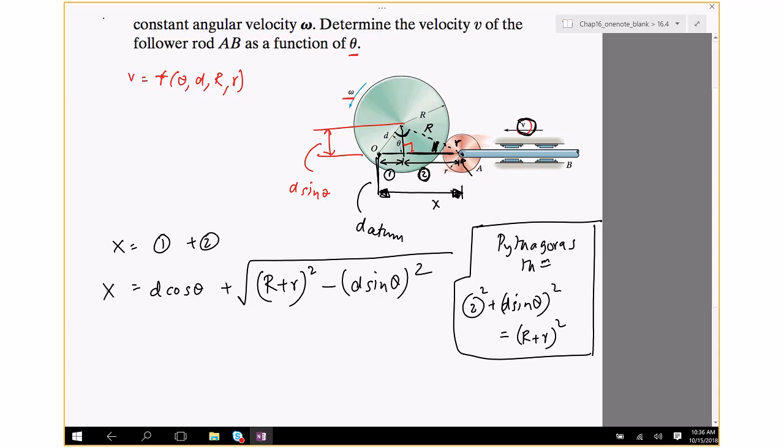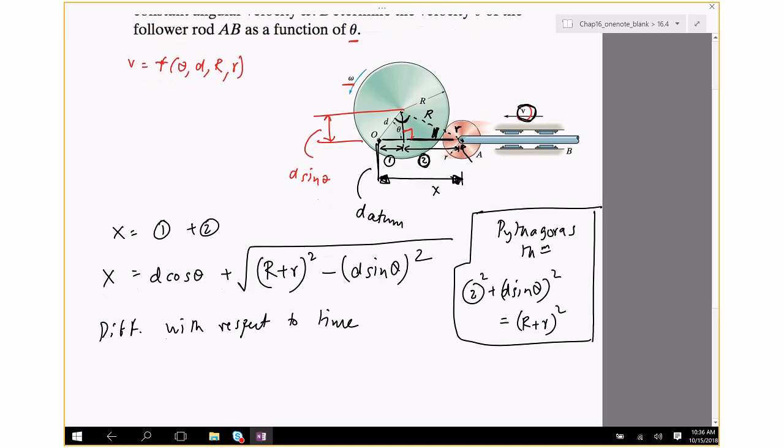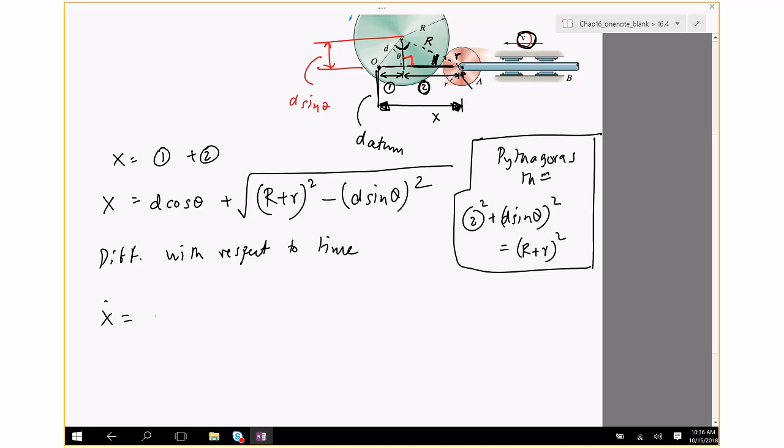So this is the expression for x, and then it's just a matter of differentiating with respect to time. The derivative is x dot, which is the velocity, which is what I'm asked.